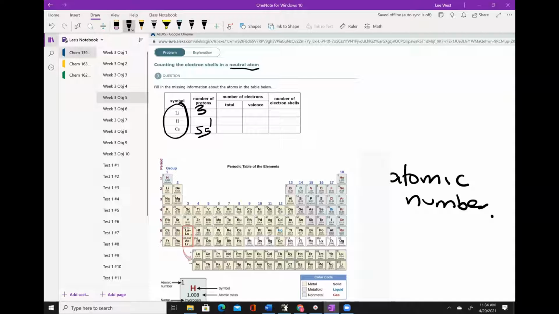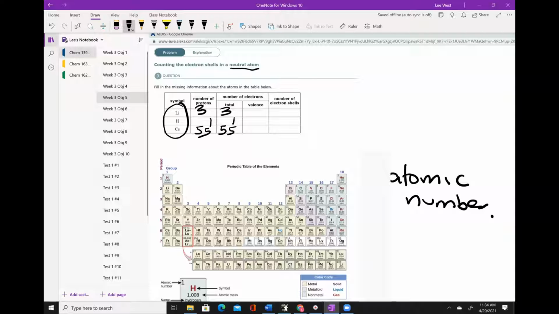Now remember what I said, for a neutral atom, the number of electrons is equal to the number of protons. So we're just going to copy over those numbers.